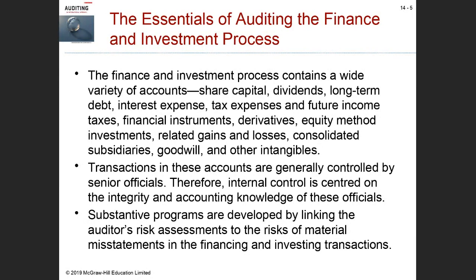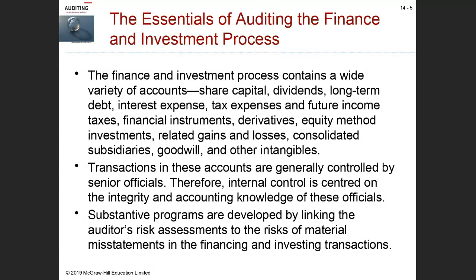When we do that, we'll have typically gains and losses on our investments because we'll be buying and selling those companies. We may have consolidated subsidiaries, so in your MOM course, you'll be taking a course on consolidations and understanding how typically large public companies put together their financial statements.